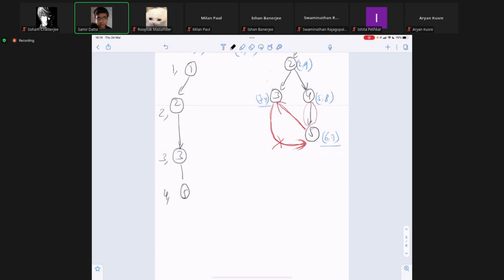Which starts as 4. Now from 5 we cannot go to 4, so this closes at 5. Then 3 closes at 6, and 2 still has a neighbor which is 4. So this is what number? 7, correct?